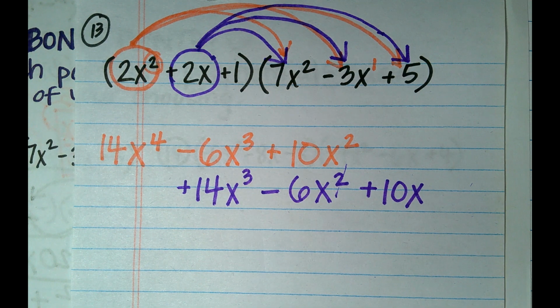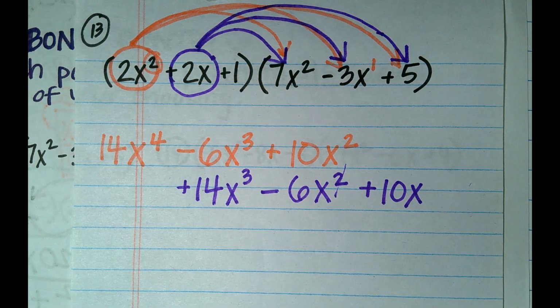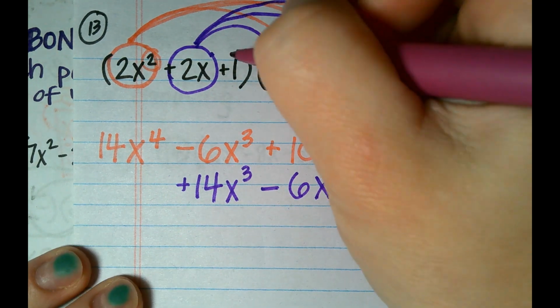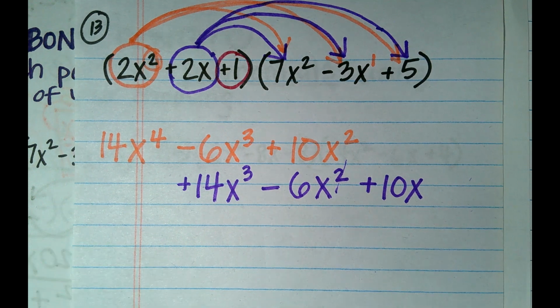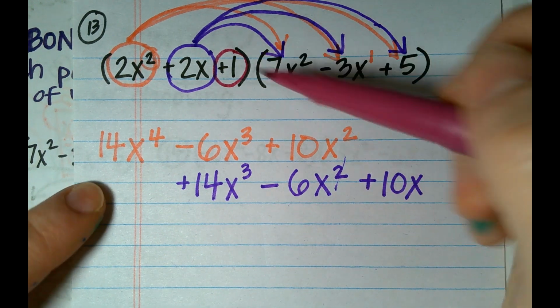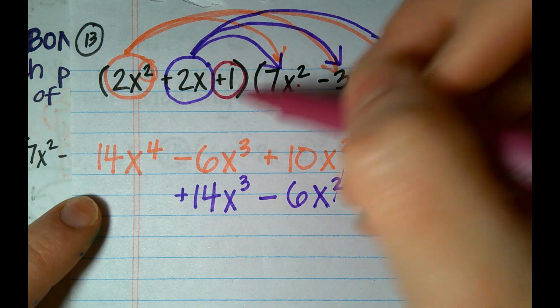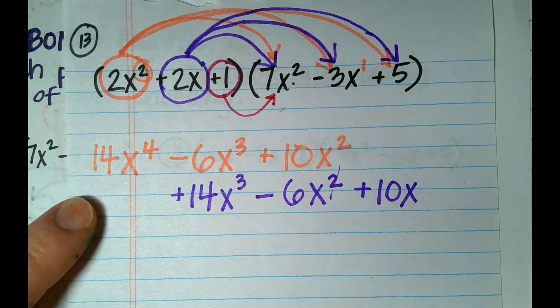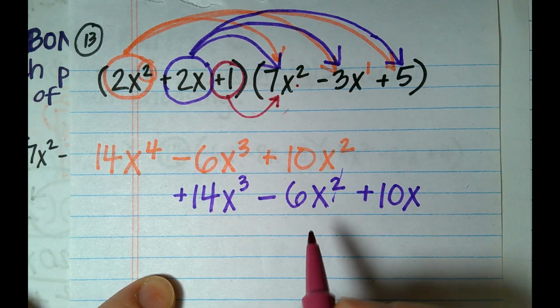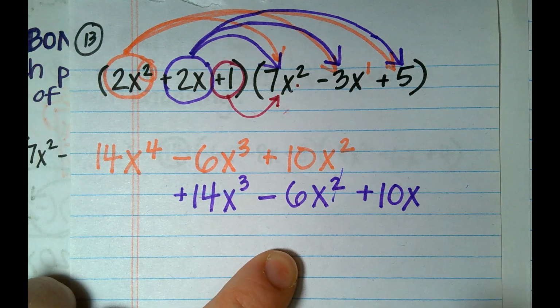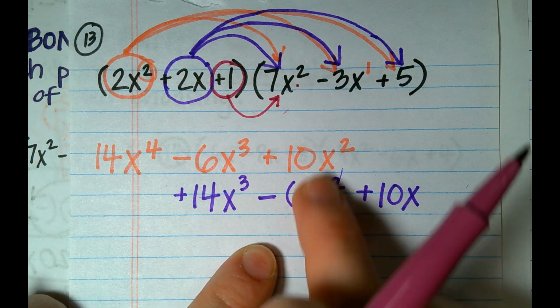Okay, so we've distributed the first and second terms, but we have one left. Now let's distribute 1. So let me grab another color. So now I'm going to start over again. I want to multiply 1 times 7x squared. What will that give me? 7x squared, and I'm going to write it under my x squared terms.